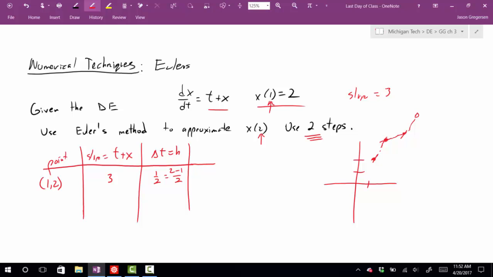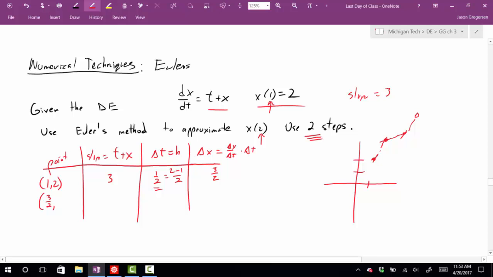If my slope is 3 and I travel a step of 1/2, what is my change in x? My change in x should be my slope times my delta t. Why? Because what is slope? Well, slope is the rise over the run. Right? So in this case, this would be 3/2. If my last t value was 1 and I changed it by 1/2, my next one should be 3/2.